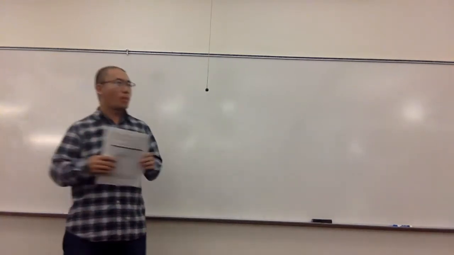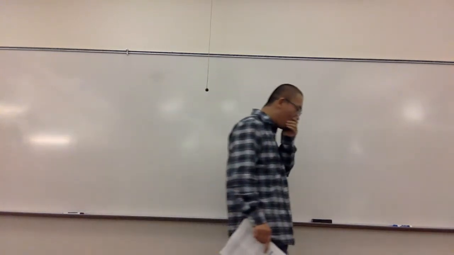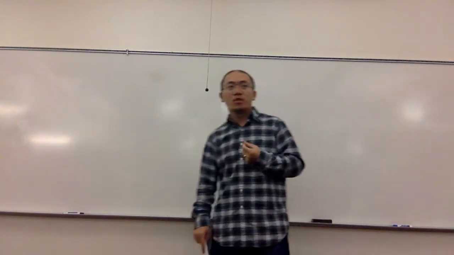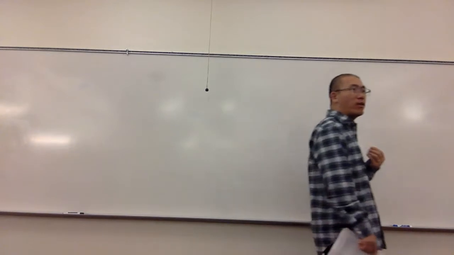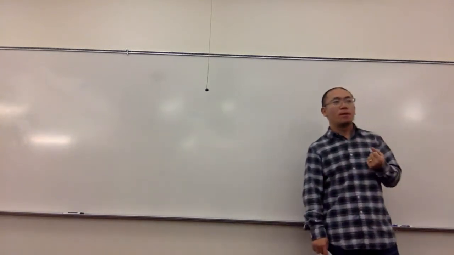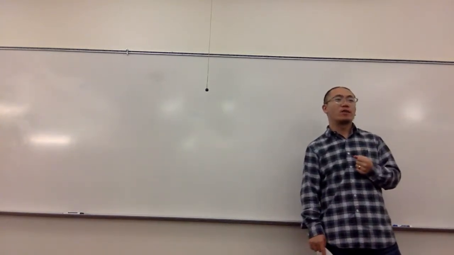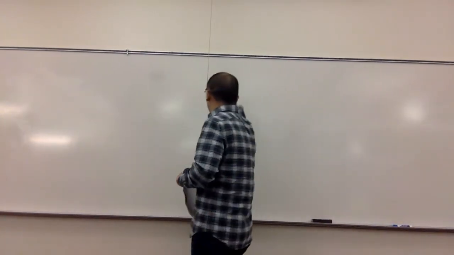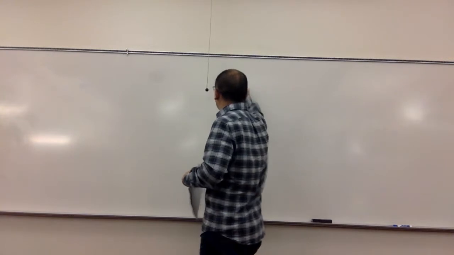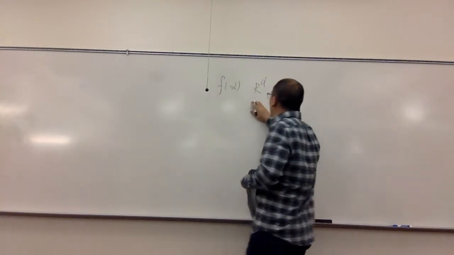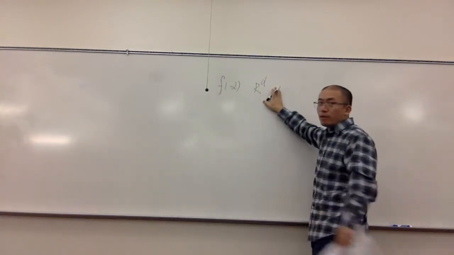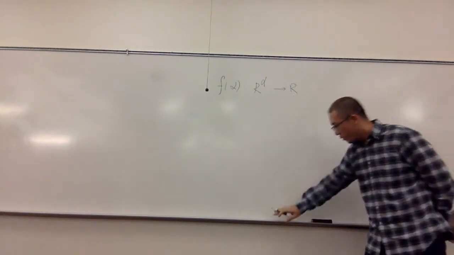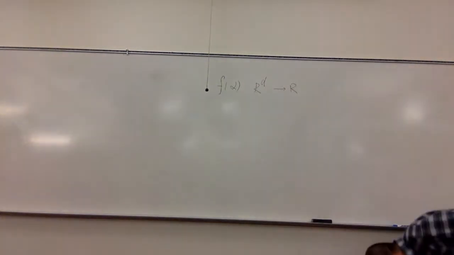Okay. So in the last lecture, we discussed a general strategy to minimize a target function. Suppose our target function is a mapping from a d-dimensional input space to a real value, parameterized by alpha.